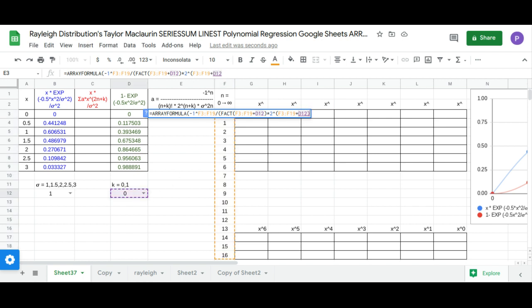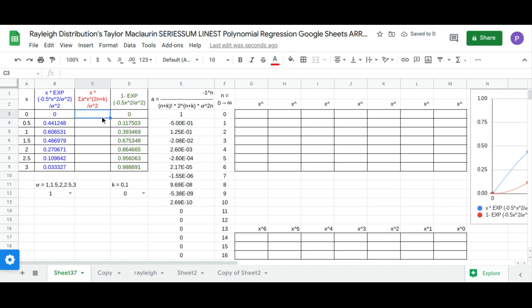Now finally the third part, sigma raised to the power 2n, so sigma raised to the power the quantity 2 times n. Now enter.